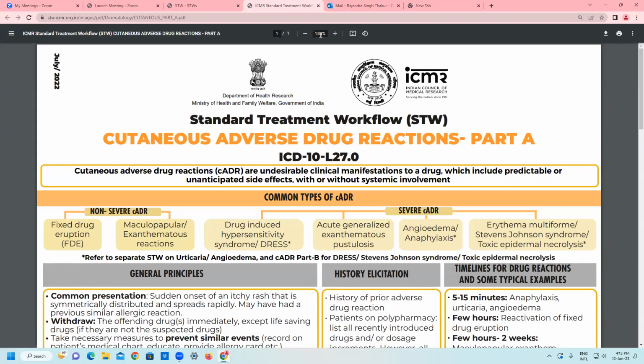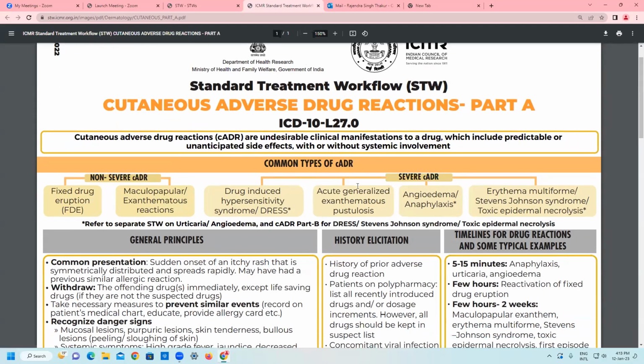So how to go about it in a patient with an adverse reaction: how to stop, when to stop, and then how to restart. All these steps are given in this standard treatment workflow. For practical purposes, we have divided ADRs into common types, and into non-severe and severe.